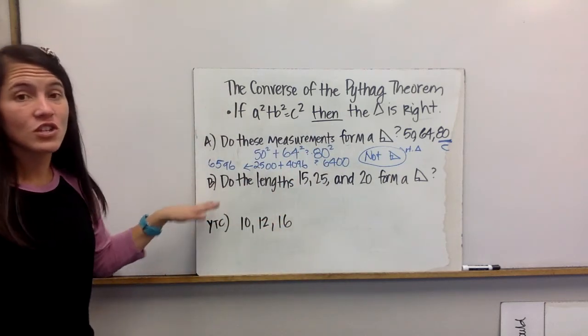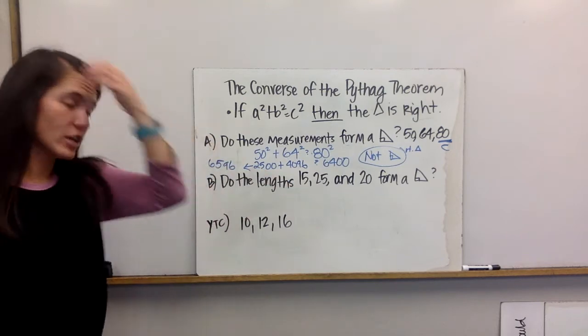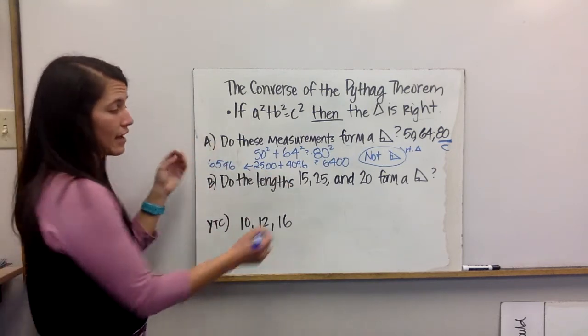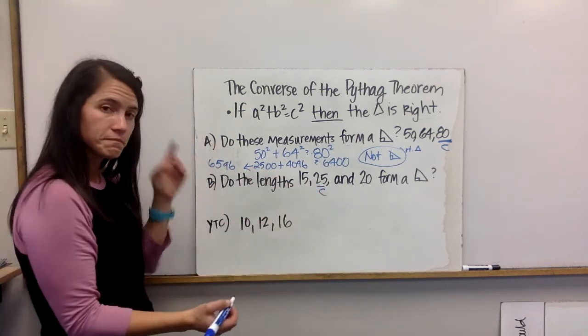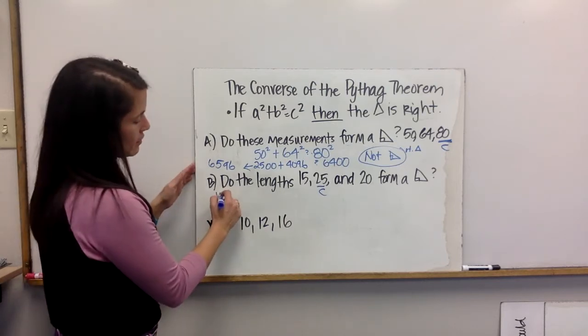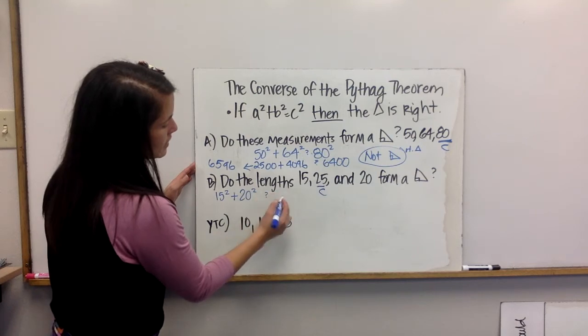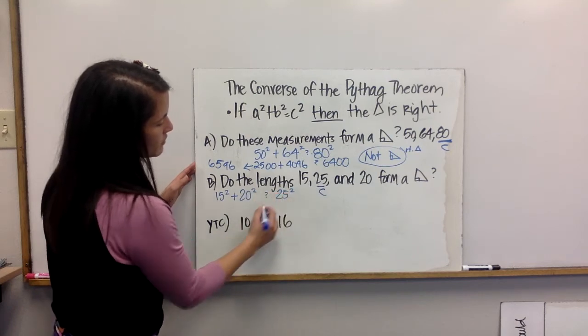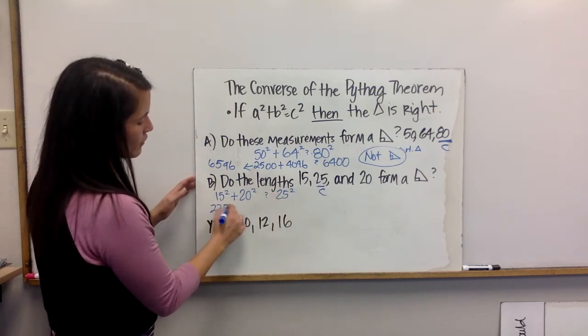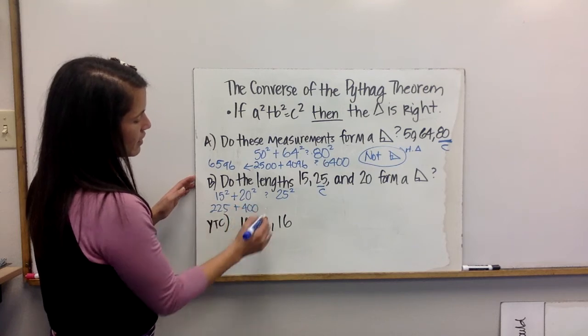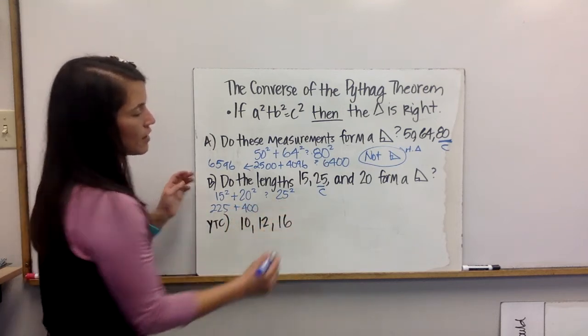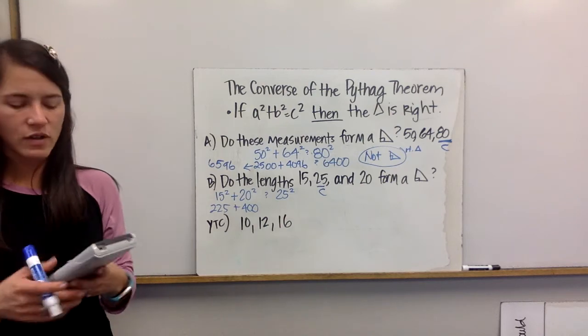So let's do B. Do the lengths 15, 25, and 20 form a right triangle? Again, find your longest side, which is 25, so that's our C. And we're going to plug them in. 15 squared plus 20 squared. Does that equal 25 squared? 15 squared is 225. And 20 squared is 400. And then 25 squared, I think, is 625.